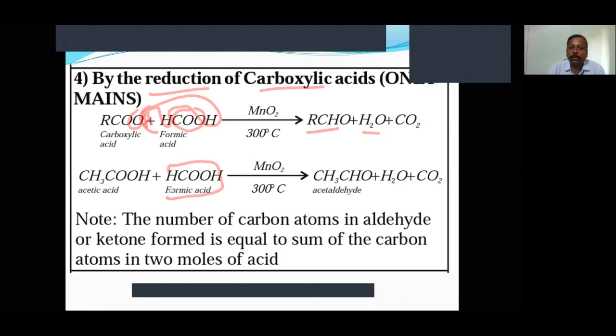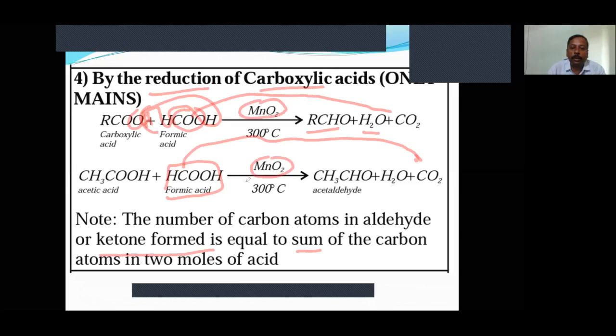Formic acid is a must. And one more thing you have to remember: the number of carbon atoms in the aldehyde or ketone formed is equal to the sum of the carbon atoms in 2 moles of acid, minus one. Here one carbon atom will be removed as CO2. So by the reduction of carbonyl, the reagent is very important.